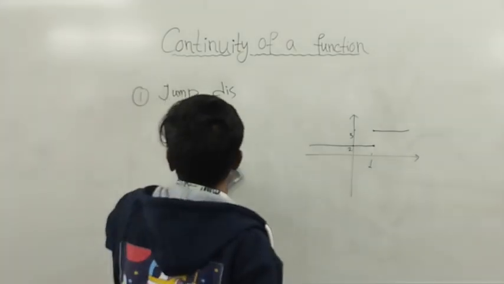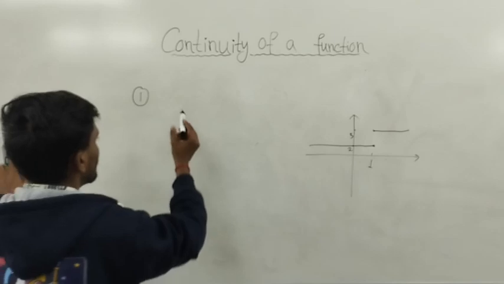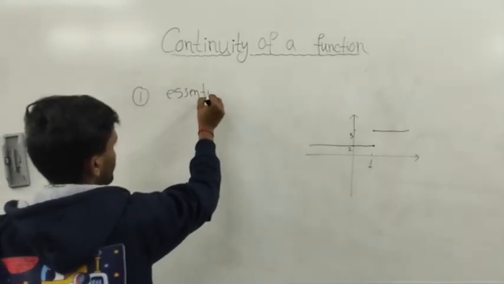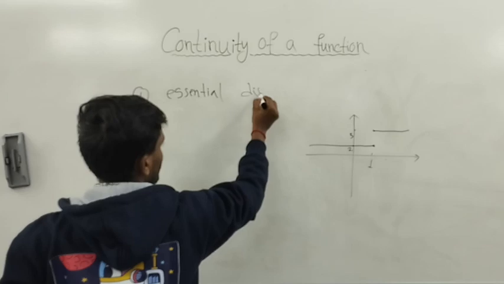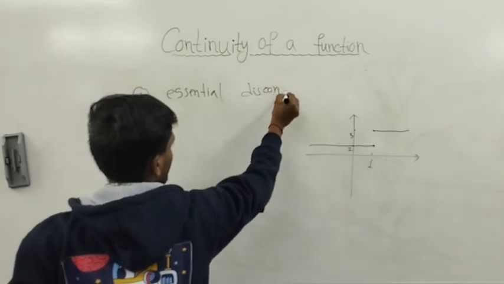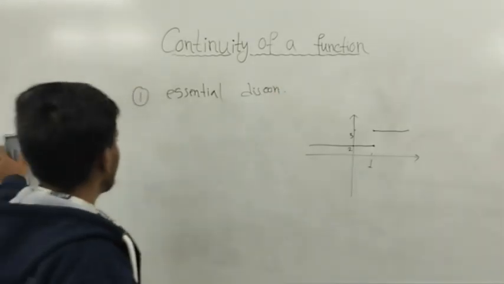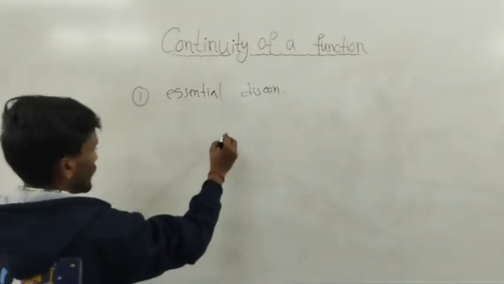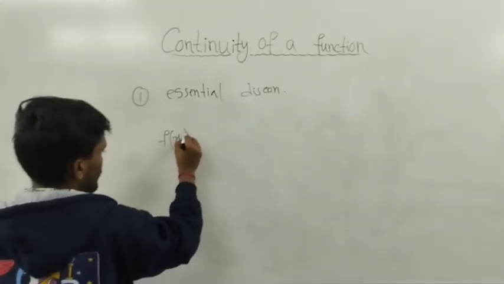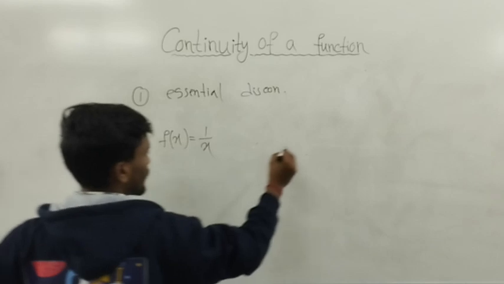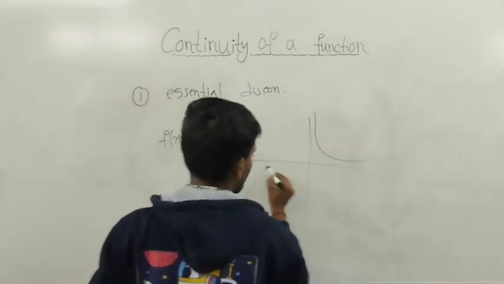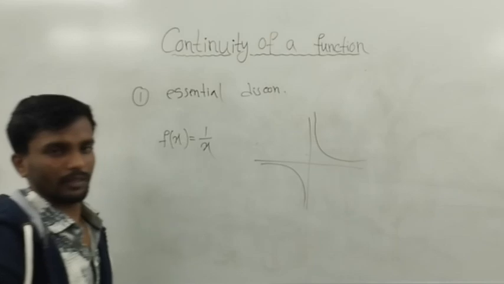And the third type is called essential discontinuity. Essential discontinuity means if I take f(x) as 1 by x, then the graph of this function will be this.